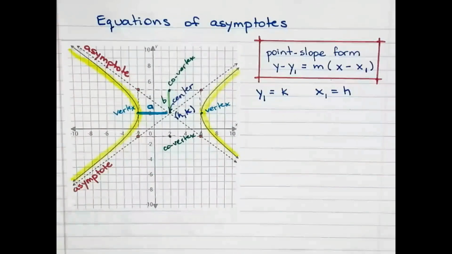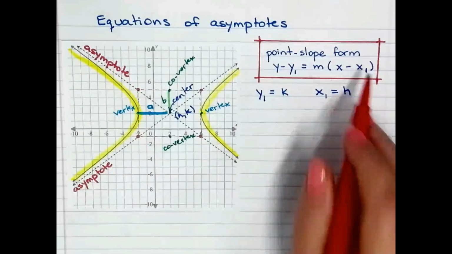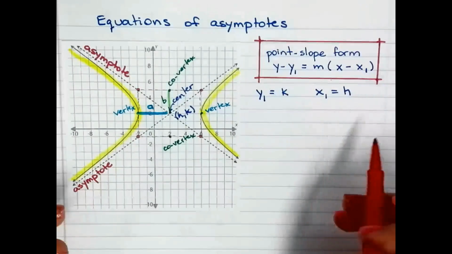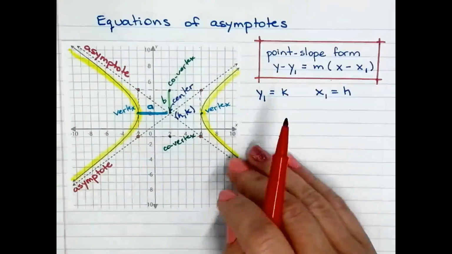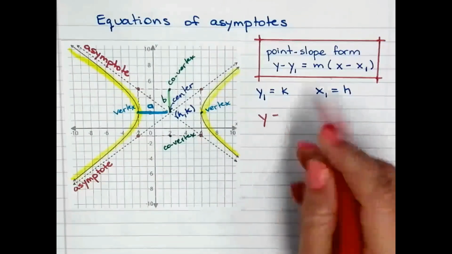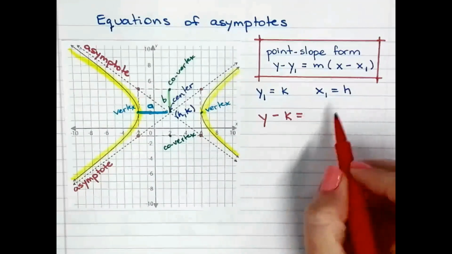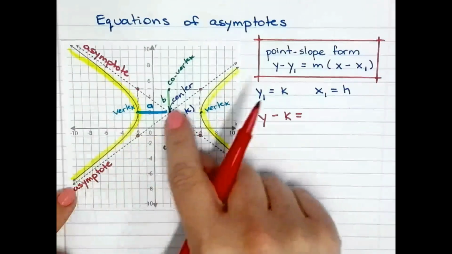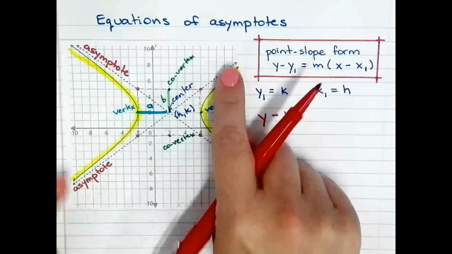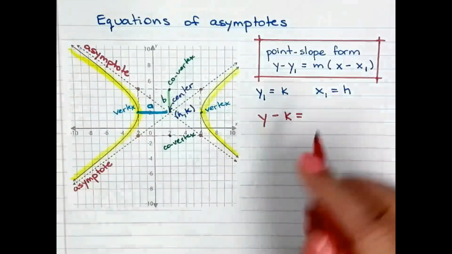Now, I will rewrite this point-slope formula that I already know, but I'm going to rewrite with everything that I have here. So I have y minus y1, I will use k. And then I know I will have a line with positive slope, and I will also have another one with negative slope.